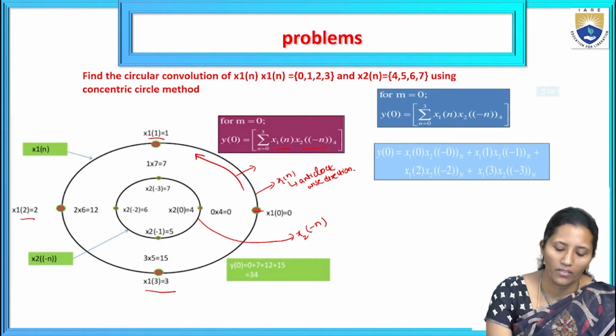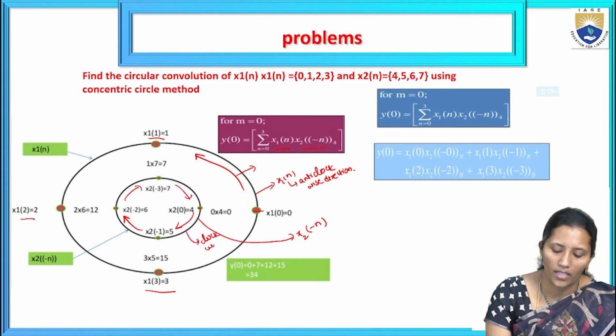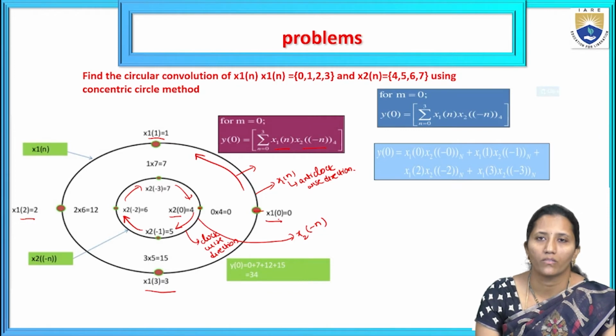So here x2 of minus n is x2 of 0, x2 of 1, which are 4, 5. Here we have to plot the values in the clockwise direction. Both indexes should start from the same point, x2 of 0 and x1 of 0.